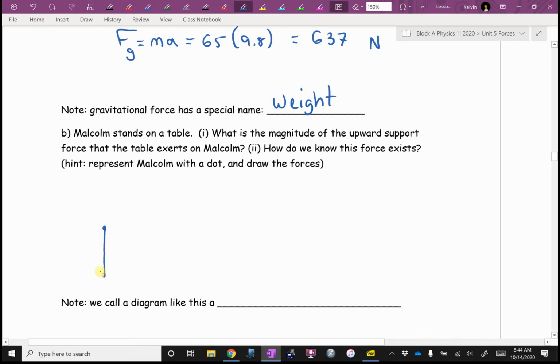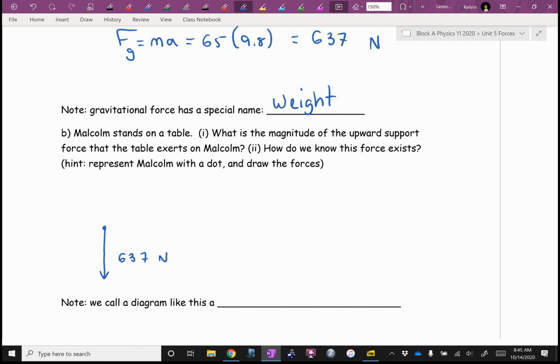So I'm going to do this, and I'm going to tell you that there's 637 newtons down. If that's all, it's impossible for Malcolm not to be accelerating. If that was it, he must be accelerating. Is he accelerating? So there has to be a force pointing which way? Exactly how big?